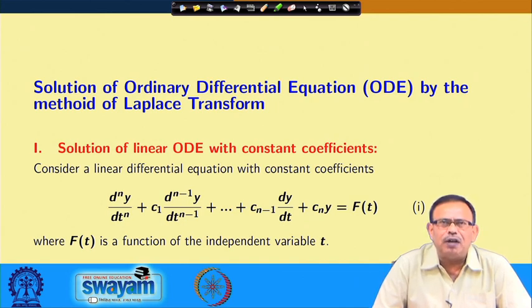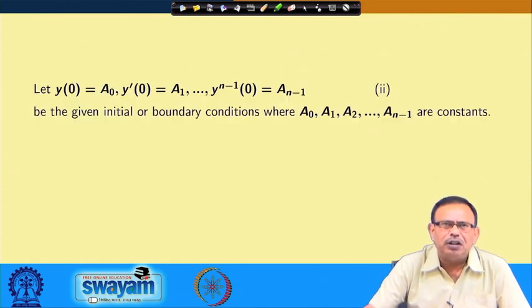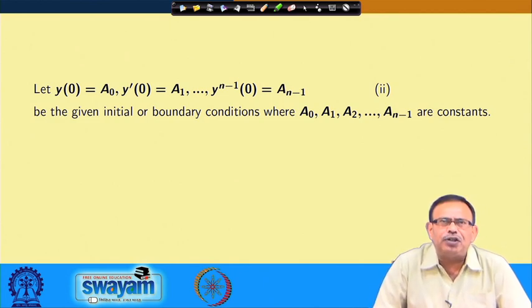We find CF, we find PI, and from there we find the arbitrary constants. We assume a set of initial or boundary conditions are given, like y(0) equals a0, y'(0) equals a1, up to y^(n-1)(0) equals a(n-1), where a0, a1, a2, up to a(n-1) are constants.